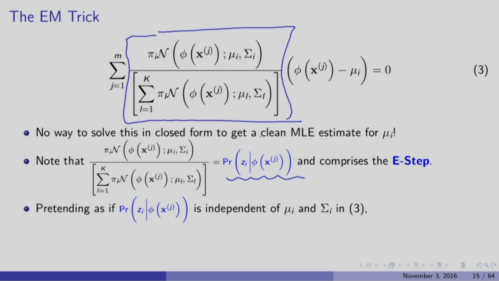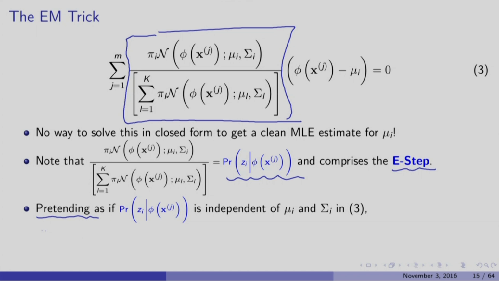What we do is pretend that this posterior is independent of mu I and sigma I. In fact, we obtained this from a previous iteration, the so-called E step or the expectation step. Pretending this to be independent of mu I and sigma I, which is not actually the case but is a trick that is employed in an iterative setup, we then try and solve the remaining expression.